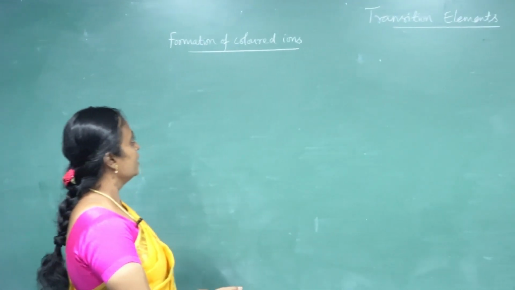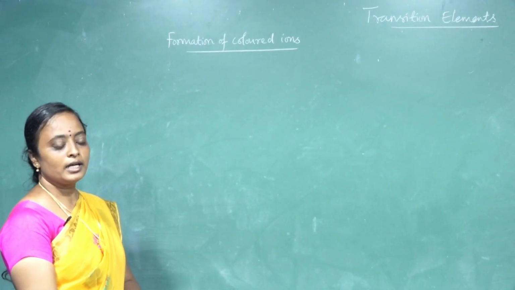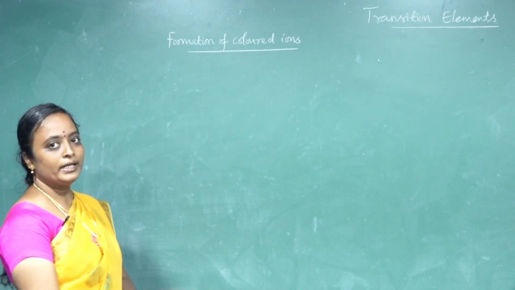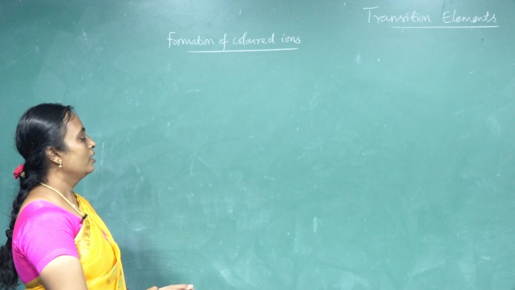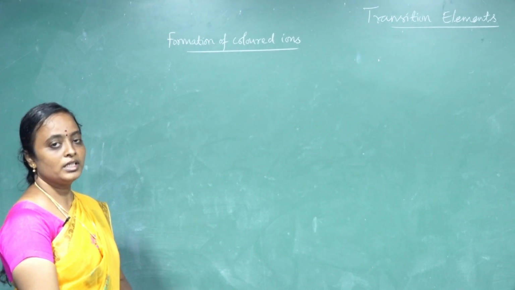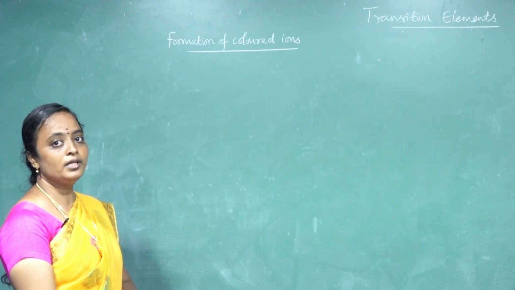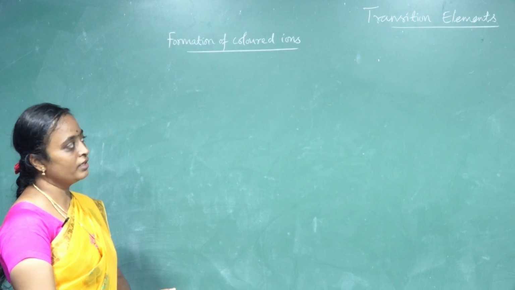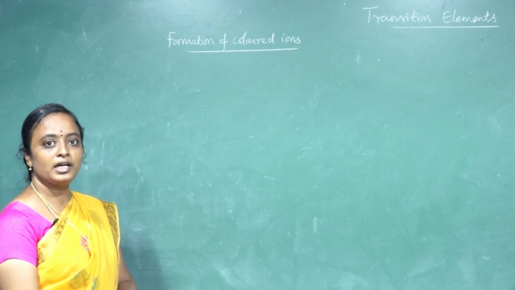Next we are going to see the formation of colored ions. Some metals form a color in their aqueous solution in the presence of visible light. So in the transition elements, some of the metal ions exhibit color.